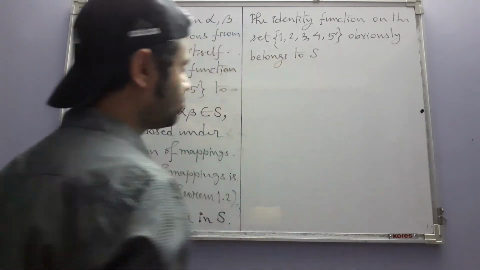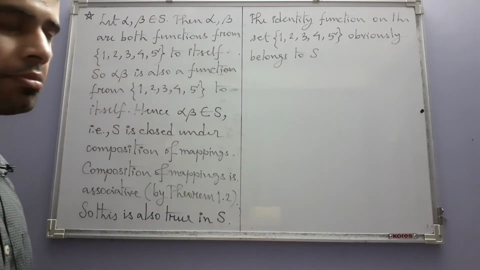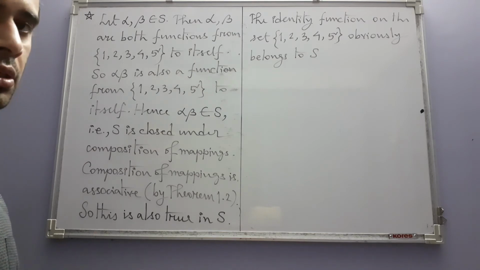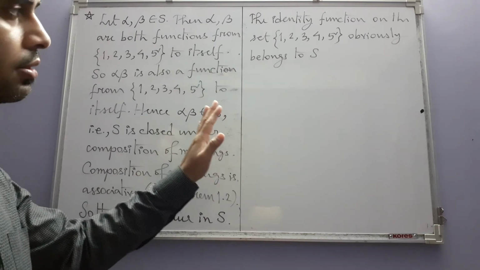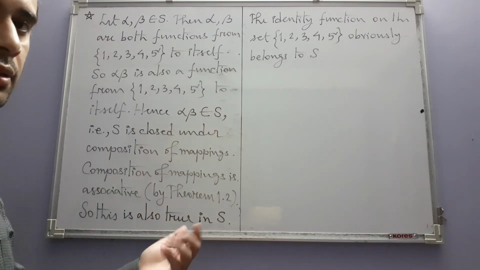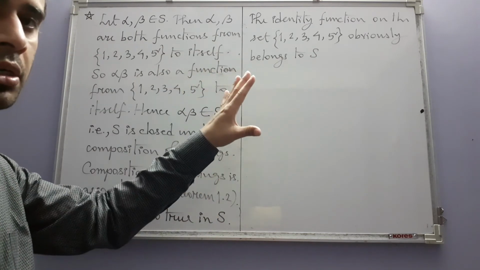Because the identity function is of course a bijection, it's a permutation, but after all it's a function, no? So since in S we have all such functions, the identity also, like any other such function, is an element in S.